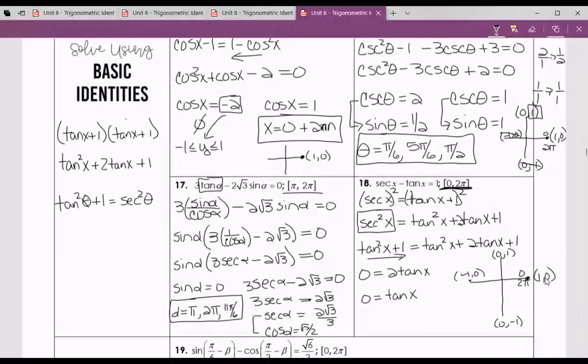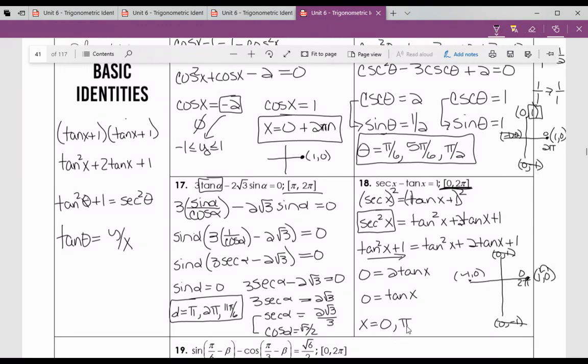All right, so if I think about tangent, all tangent ratios off the unit circle are y over x. When I put 0 over 1, I get 0. When I put 1 over 0, I get undefined, so that doesn't work. 0 over negative 1, that's at pi. And then negative 1 over 0 is undefined, so that doesn't work. This one actually did work.